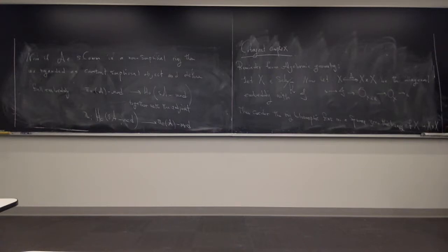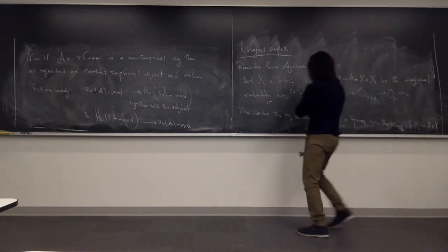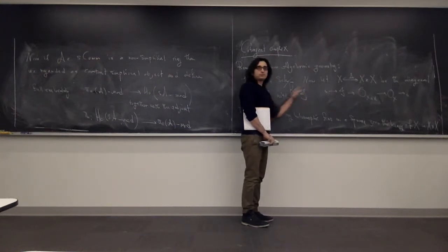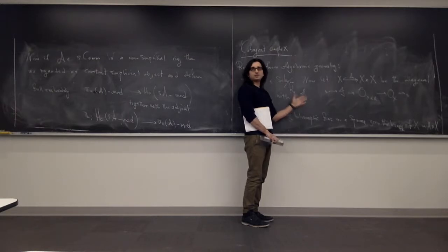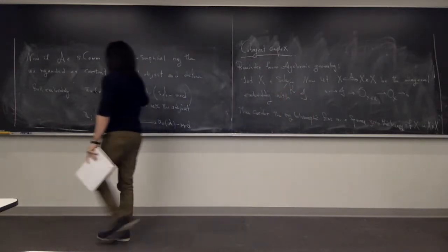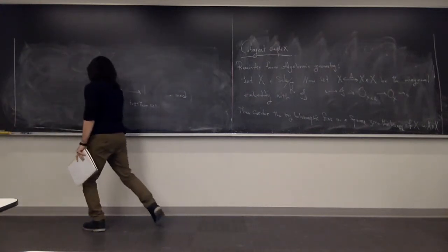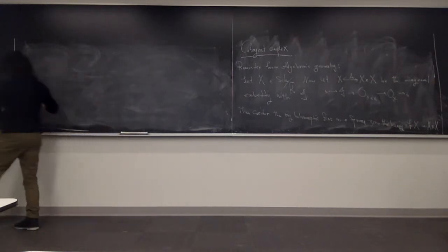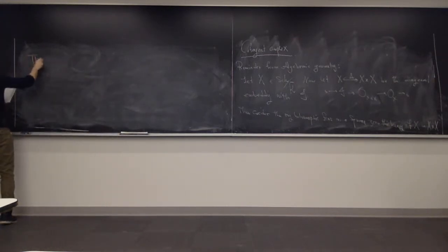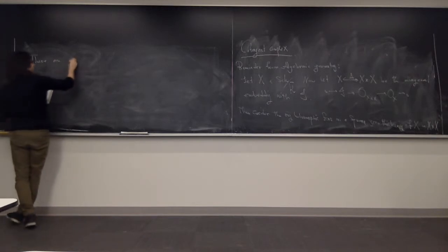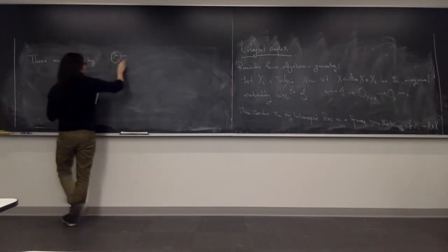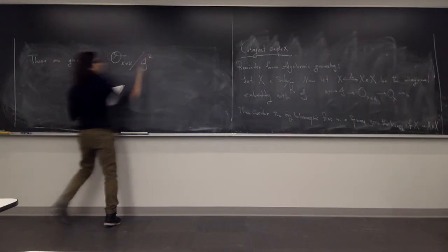What does that mean? It means that it is defined by functions which vanish along not the ideal, because the functions that vanish along the ideal are functions defined on the diagonal. It is the functions that vanish along the ideal squared. So these are given by O of X cross X modulo I squared.